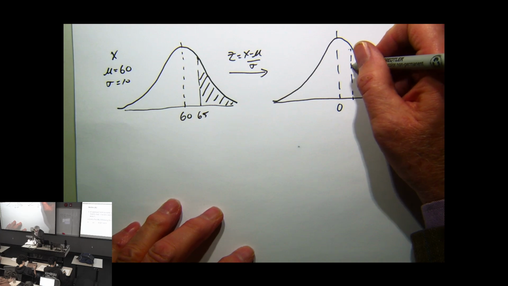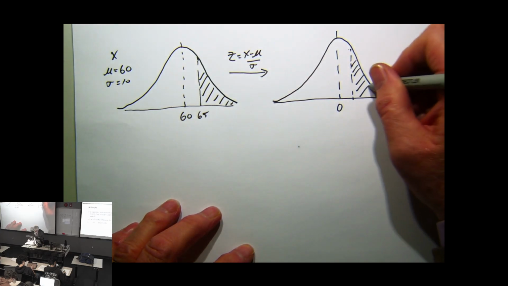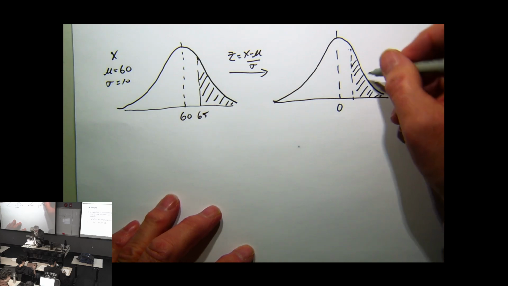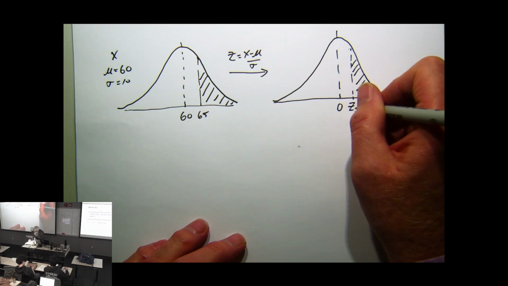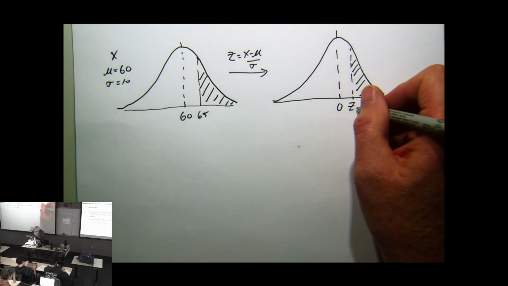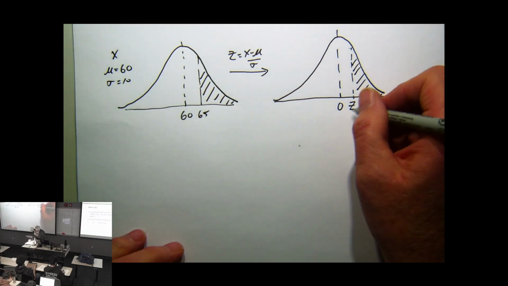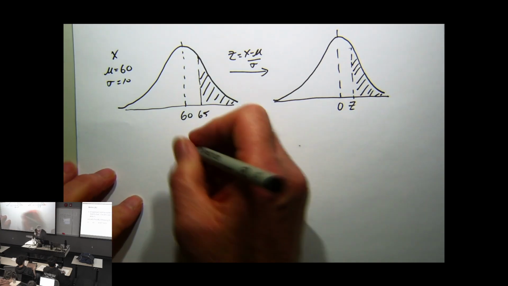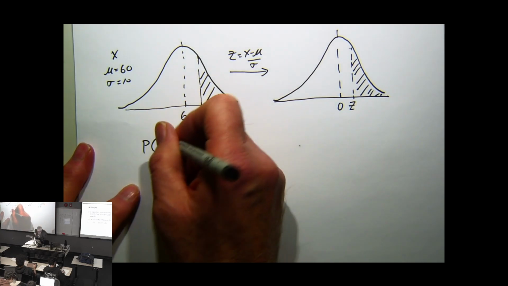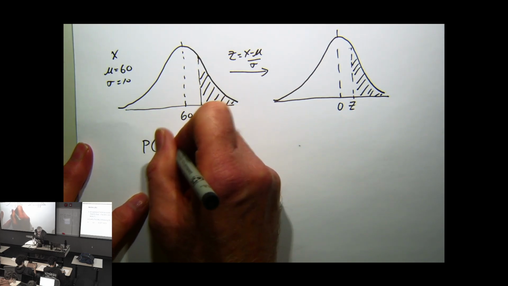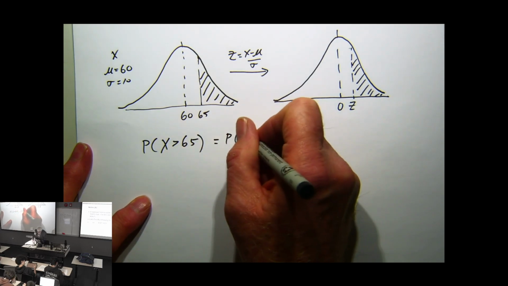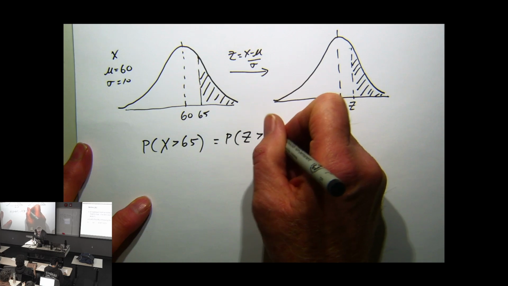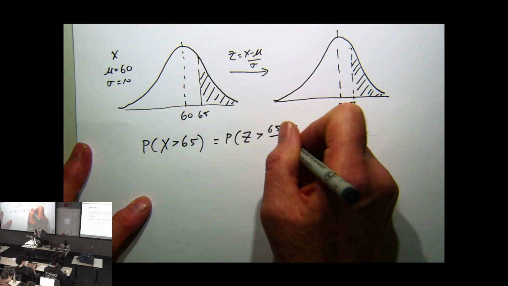But the point is that this area here is equal to this area here. I'll call that z naught. So the probability that x is greater than 65 is equal to the probability that z is greater than 65 minus mu divided by sigma.